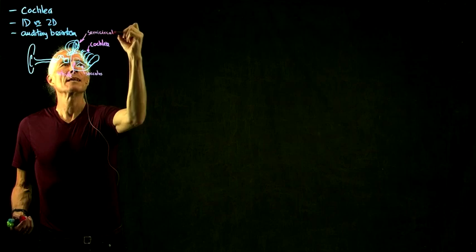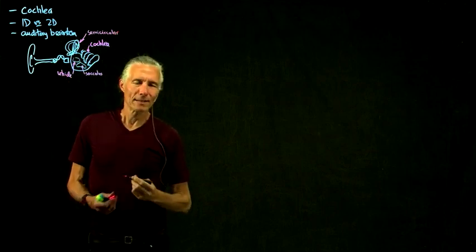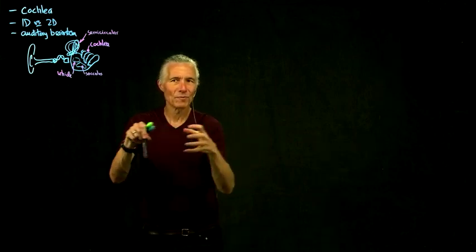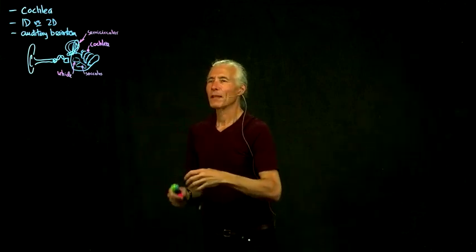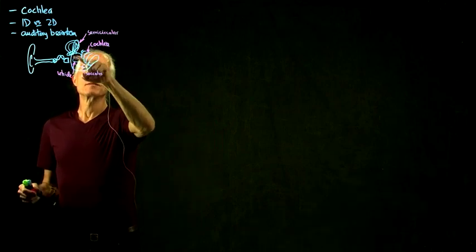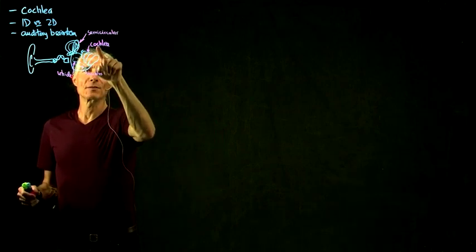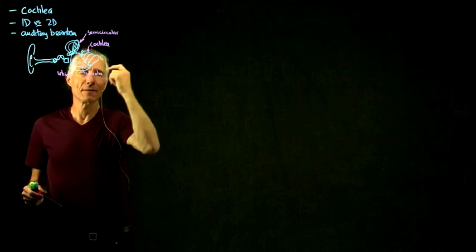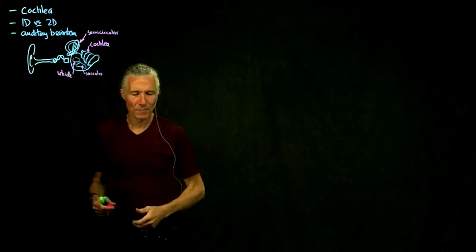Those detect angular acceleration, so rotation, so they don't give any response if you just move in one direction. So there are basically six fields of hair cells: one in the cochlea, one in the sacculus, one in the utricle, and three in the semicircular canals.